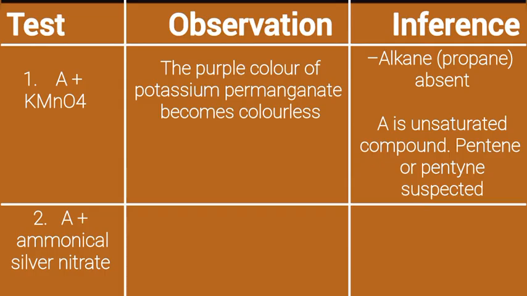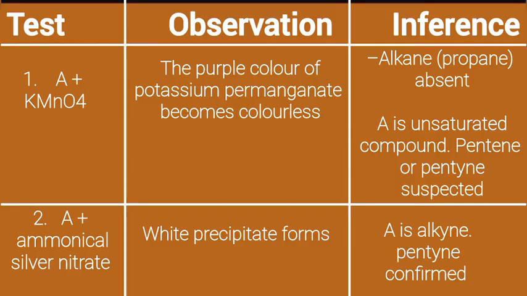Now let us assume that a white precipitate forms when I add ammoniacal silver nitrate to liquid A. If a white precipitate forms, it simply means that A is an alkyne, which in this case is pentyne.